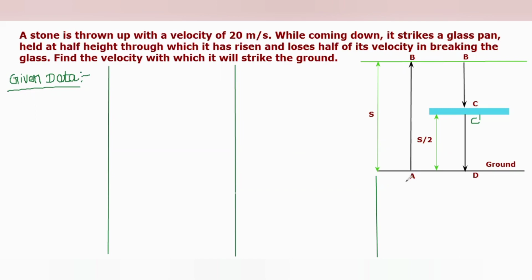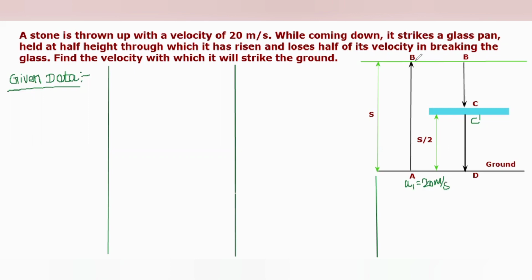Here, the stone is thrown upwards from the ground, say the point A, with an initial velocity of 20 meters per second. So the initial velocity at point A, U1, equals 20 meters per second.